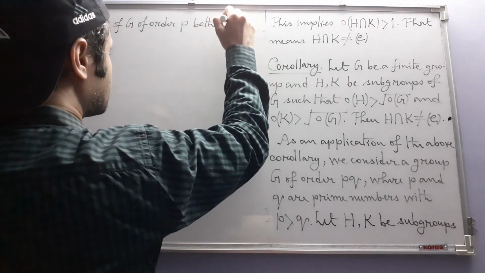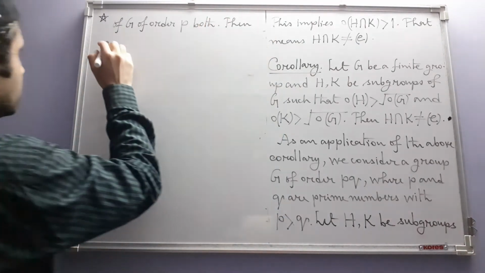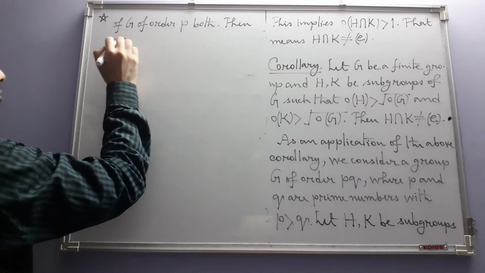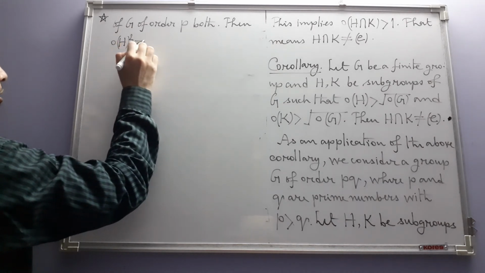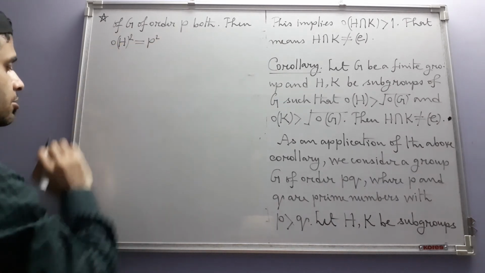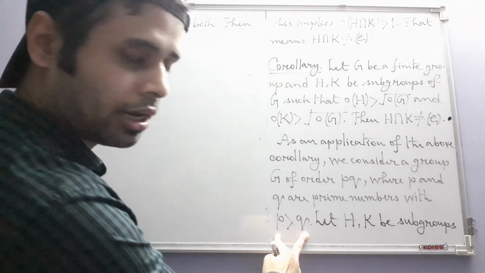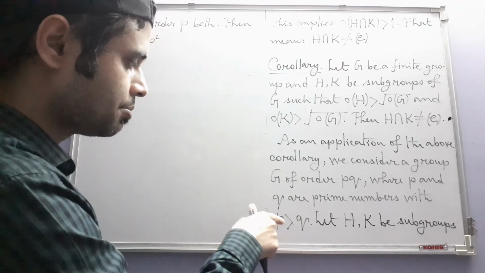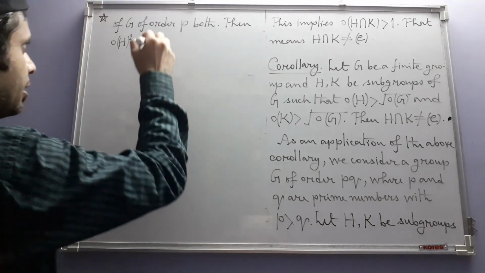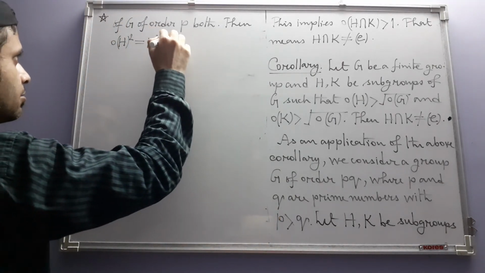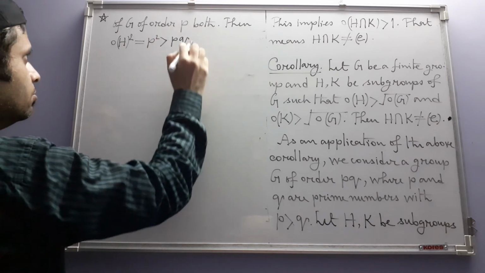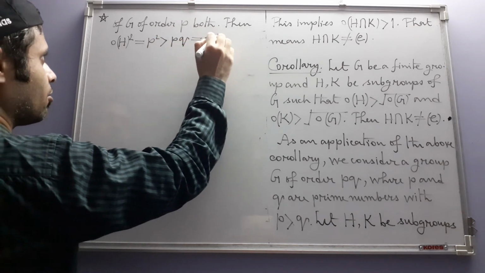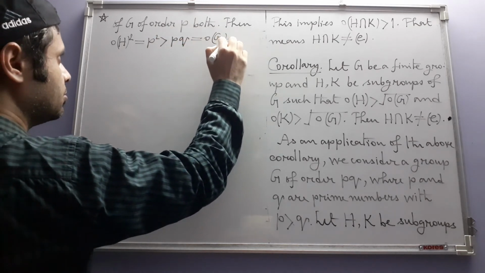Then order of H squared is equal to P squared. Now you look at this inequality, P greater than Q. We can multiply both sides by P. So we will then have P squared greater than PQ, which is order of G.